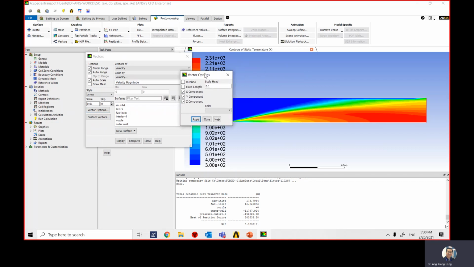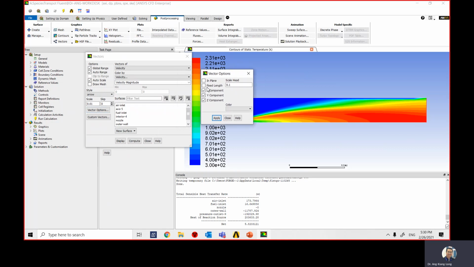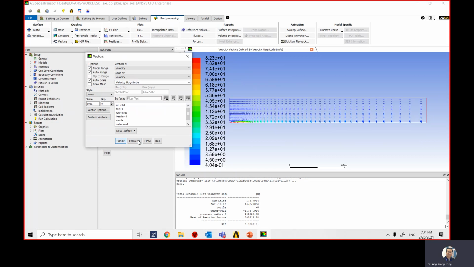We're going to have a fixed length in our presentation. So click fixed length. Later on, I'll explain what fixed length is about. Then click apply. Apply, close.